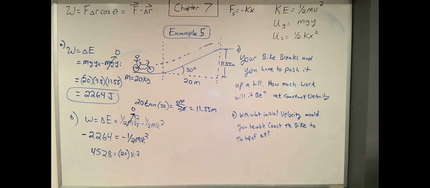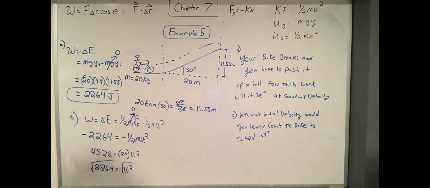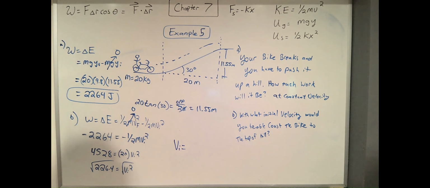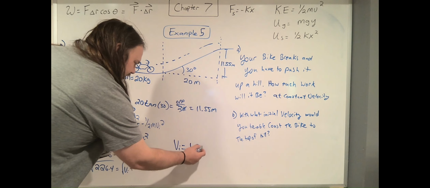Divide that by 20. And we'll get 226.4. That's Vi squared. To get rid of the square, we need to square root both sides. And if we do that, we see that we need an initial velocity Vi of 15. Better go 15.1.